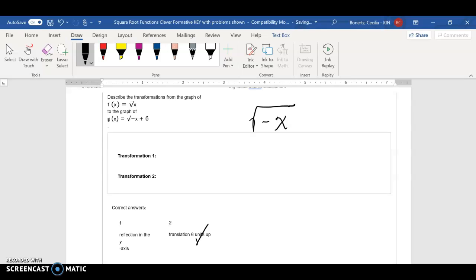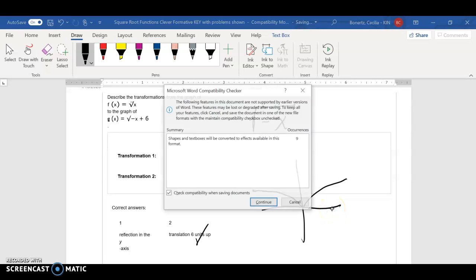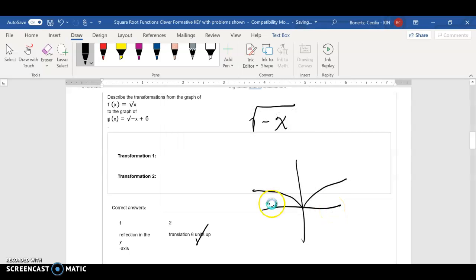So my domain here is going to be all of the numbers less than 0. So that actually reflects it. So when I'm thinking of my normal function being like this, if I want all of the numbers less than 0, it's actually going to make it this way. So it reflects it across that y-axis. You didn't have to get that problem correct, and I adjusted for it.